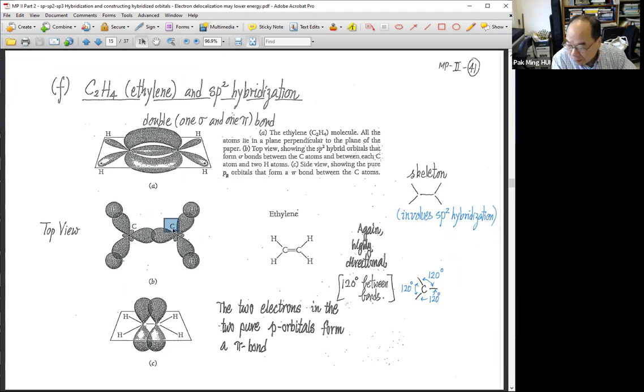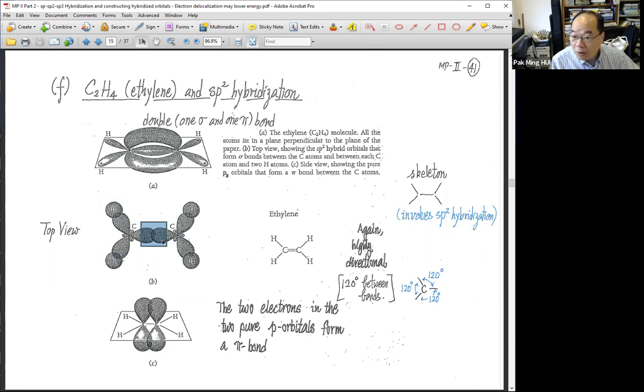This angle is 120, and this also 120, and so on. Again, electron density is concentrated in different directions, and stronger bonds can be formed with the hydrogens as well as between the two carbons.